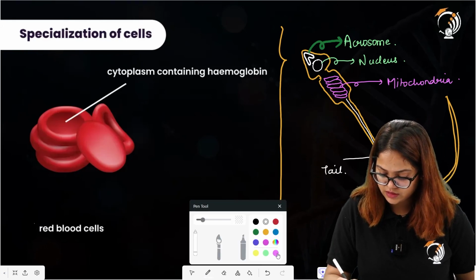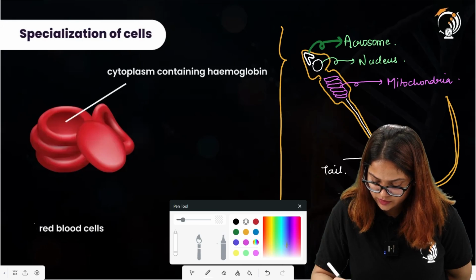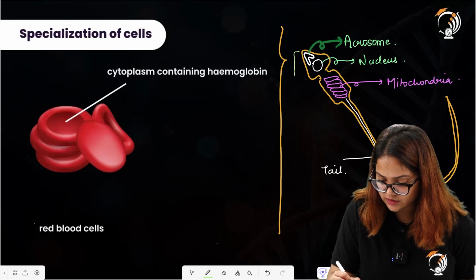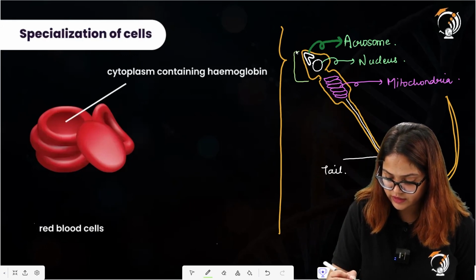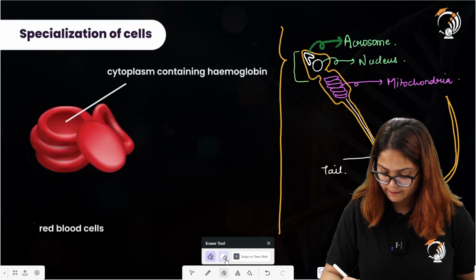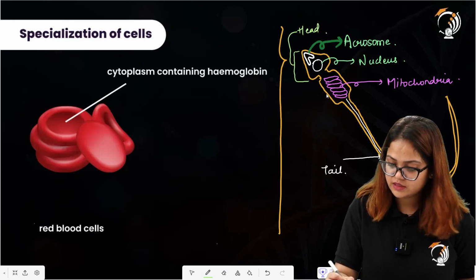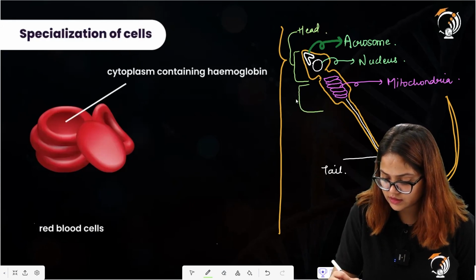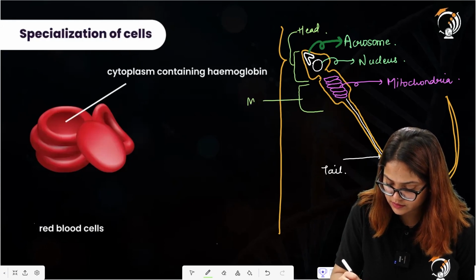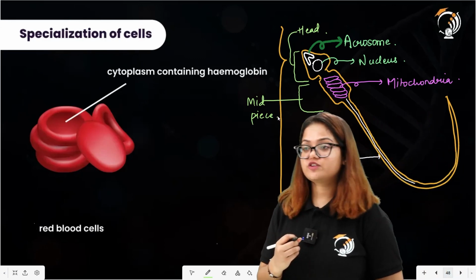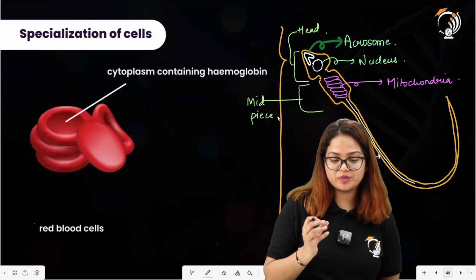All right. Let me mark the regions as well. This region is the head. So I will mention it here that this is the head region. This one is the mid piece. So there is this diagrammatic representation of a sperm cell in which you can identify the acrosome and nucleus.